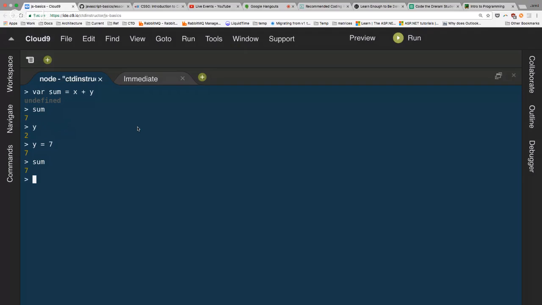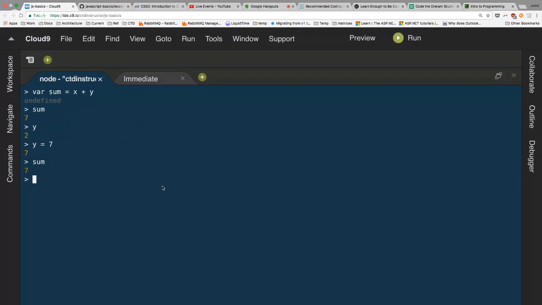It's got the same value that it had before. It's got 7. And the reason is, and I wish I had more whiteboardy stuff here to explain this, I'll probably do this in a future class where I can whiteboard it out a little better. But the value that sum is pointing to didn't change. It was computed at one point and saved, and it just holds on to that value from now on.